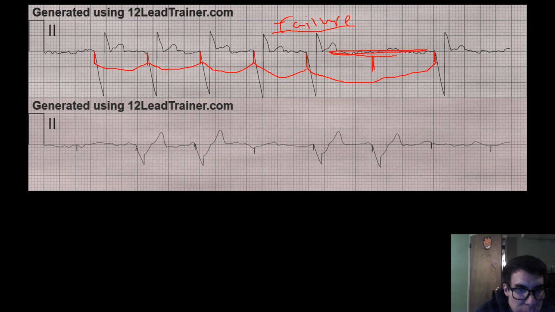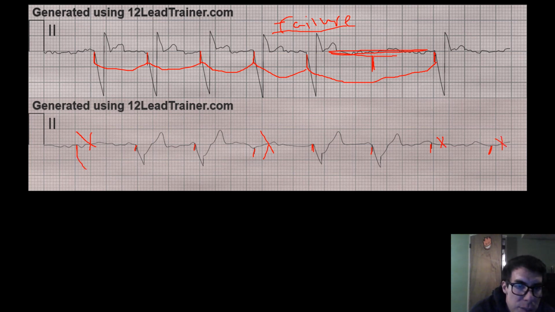Then on the bottom one, that's also a ventricular pacer, but you see we have one there, but no QRS afterwards. And we have one there, got one there, there, there, whoops, there, and two more here and here. So some of those, as you can see, are not generating QRS complexes. It should be those ones.